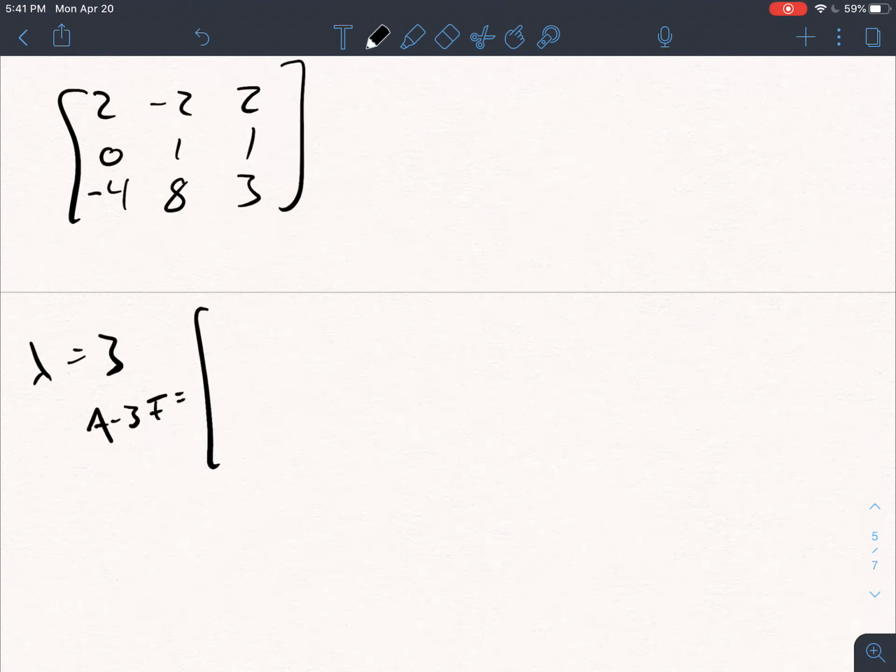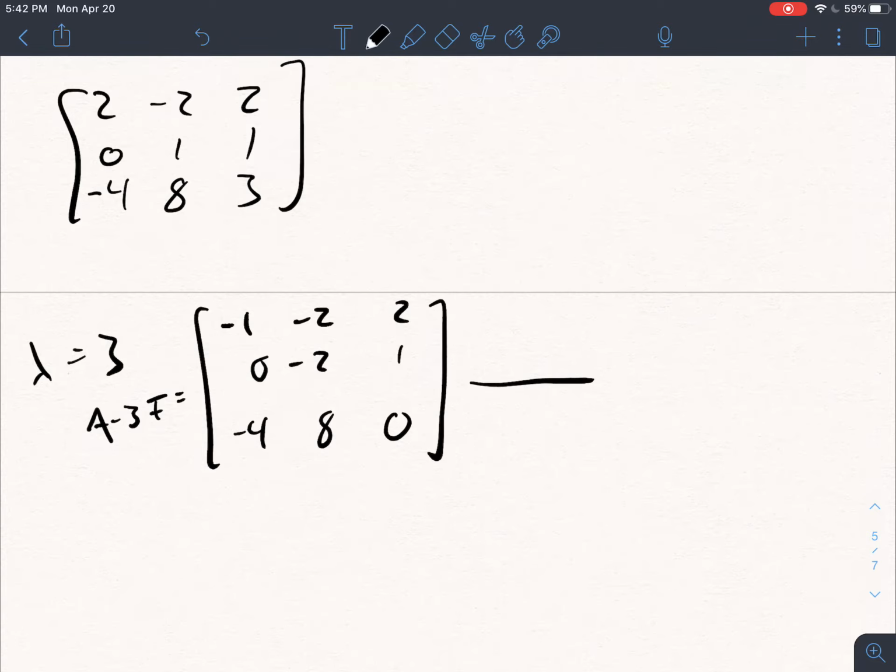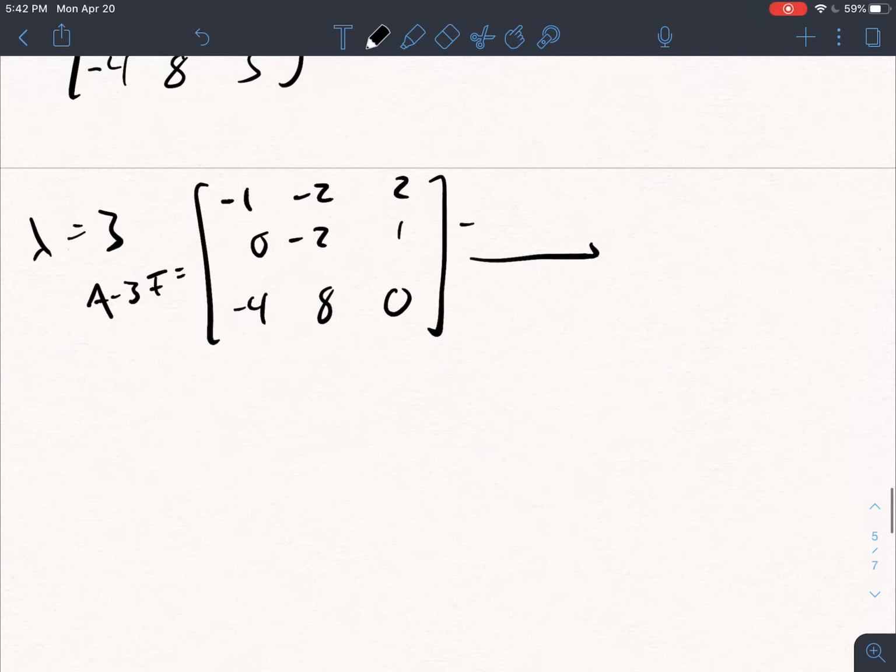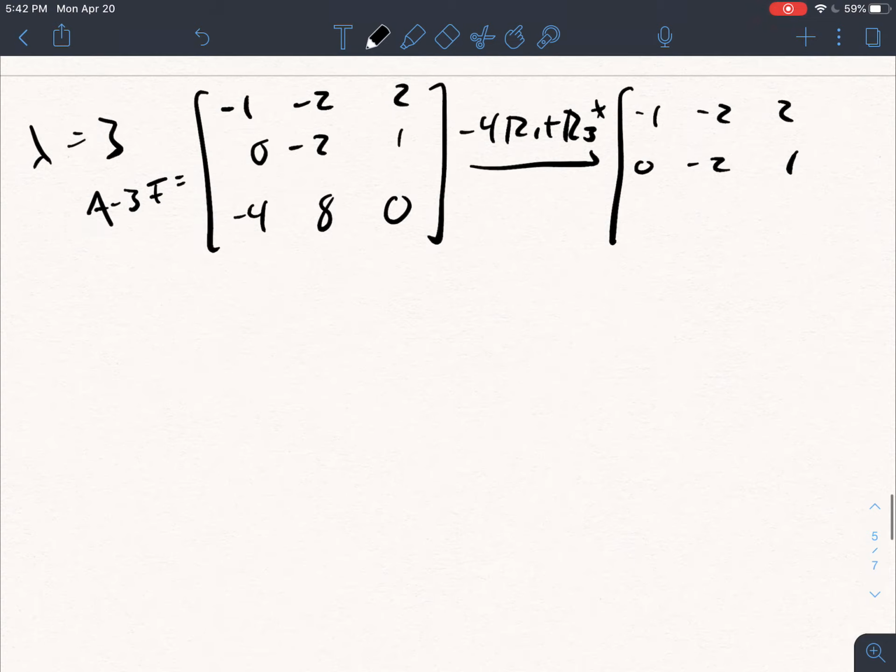Okay, copy our A down again. Let's do lambda equals 3. A minus 3I is equal to the following: -1, -2, 0 along the diagonal. Let's do -4 times row 1, add it to row 3.